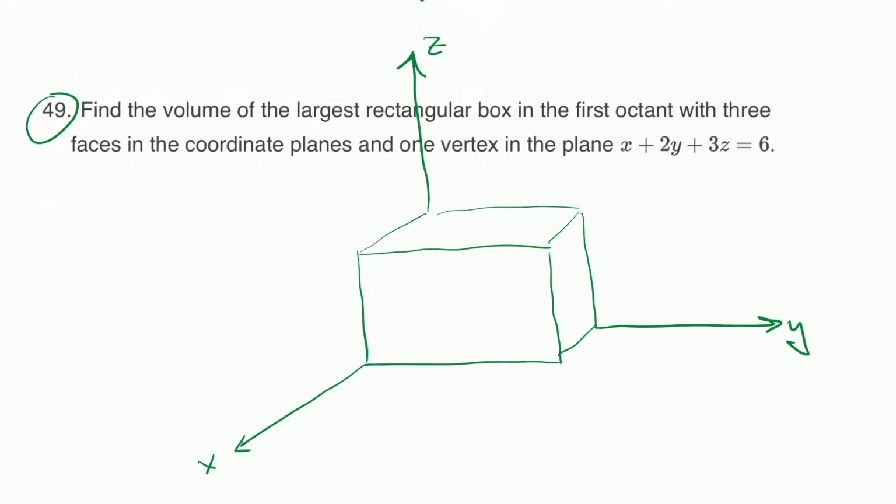And you might say, well, what is this whole business about one vertex? Well, the vertex has to be, so imagine this plane. So here, I will draw that plane as best I can. Hold on a sec. So let's see, it goes something like this.